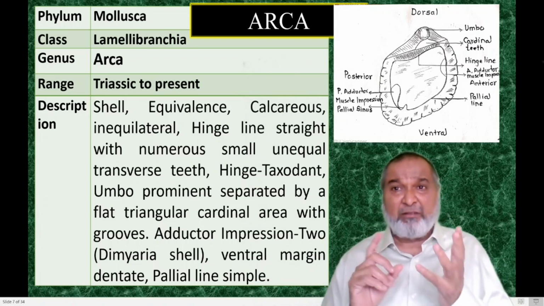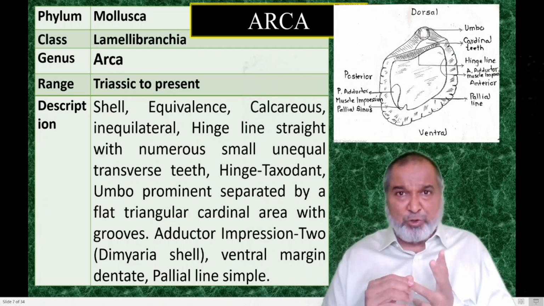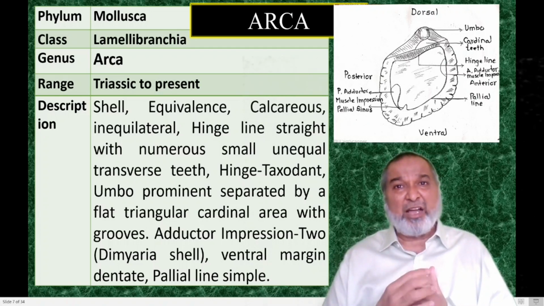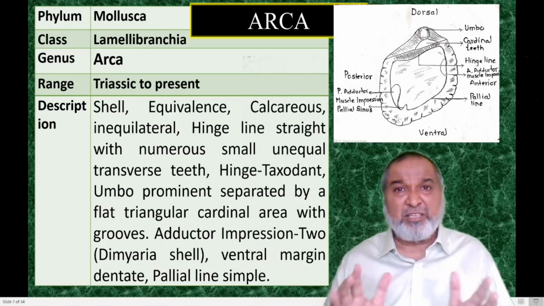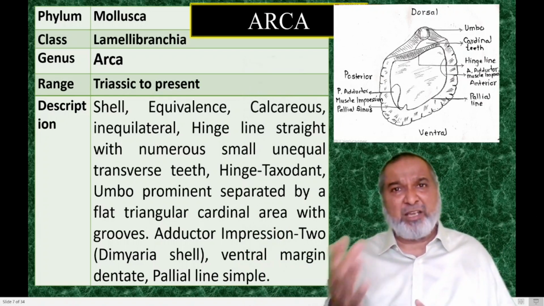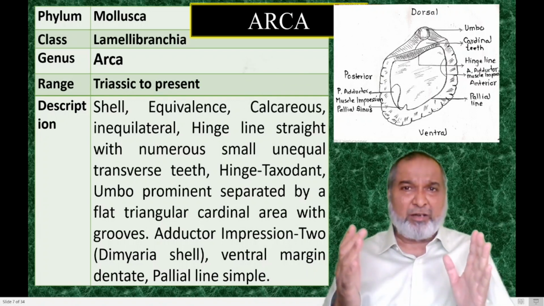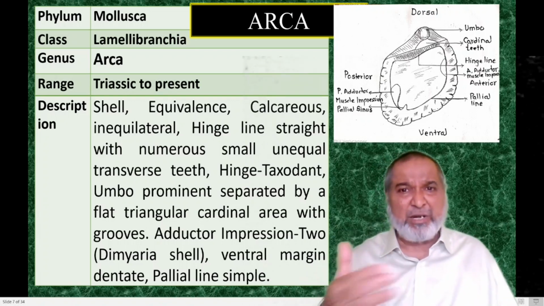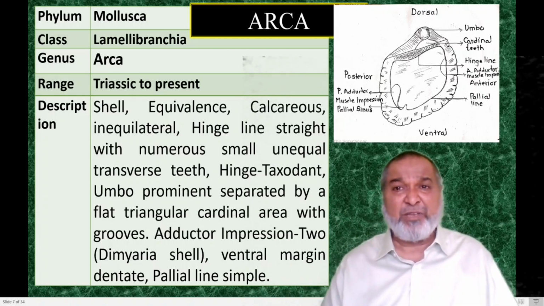So here we have taxodont, schizodont, isodont, heterodont, desmodont, and adontic, where nothing is there. These are the hinges. Separately you can see the photographs. Whenever I make a theory, I will make a systematic diagram, but here we are just seeing these types of hinge line verbally.